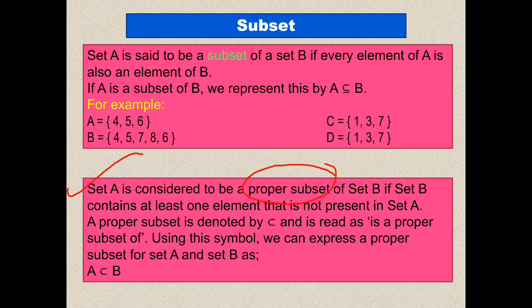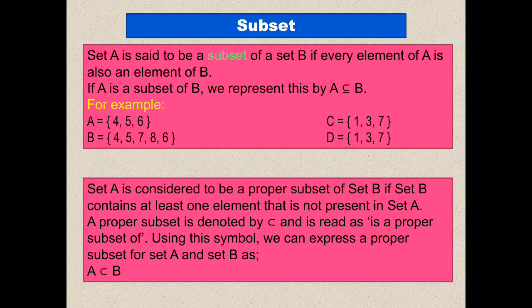Set A is considered to be a proper subset of set B if set B contains at least one element that is not present in set A. A proper subset is denoted by the symbol which is on your screen and read as is a proper subset of. Using this symbol, we can express a proper subset of set A and set B as like this.